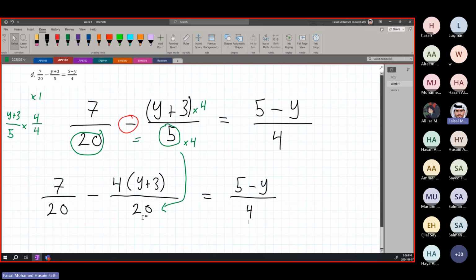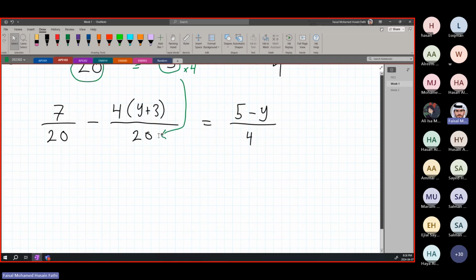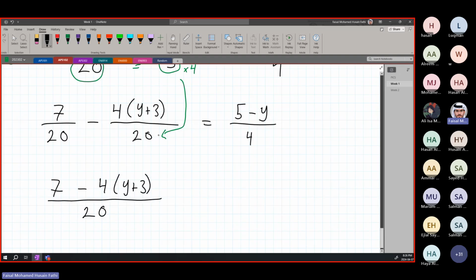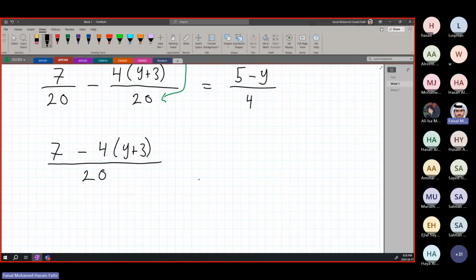This is how we would find a common denominator very quickly. Then we can just simply write this as 7 minus 4y plus 3 all over 20, because that's the rule of fractions. If you have the same denominator, you can simply just directly add or subtract numerator values. And this will be equal to 5 minus y over 4.